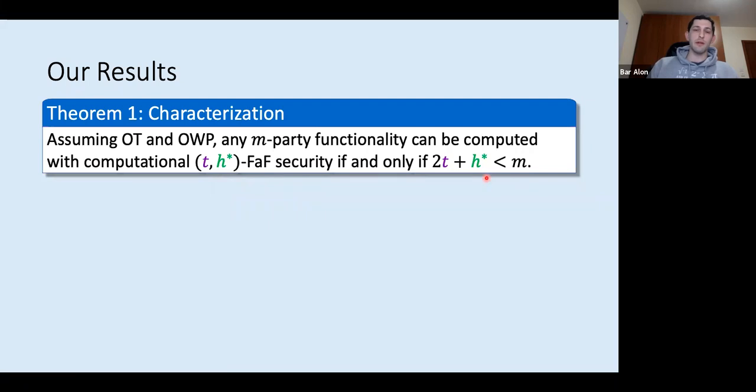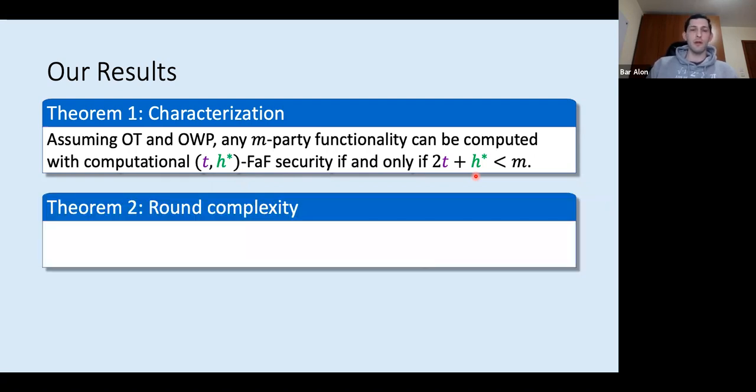This means that if 2T + H* is smaller than the number of parties, then anything can be computed. And if it doesn't hold, then there exists some task that cannot be computed securely. This is the first theorem that we proved.